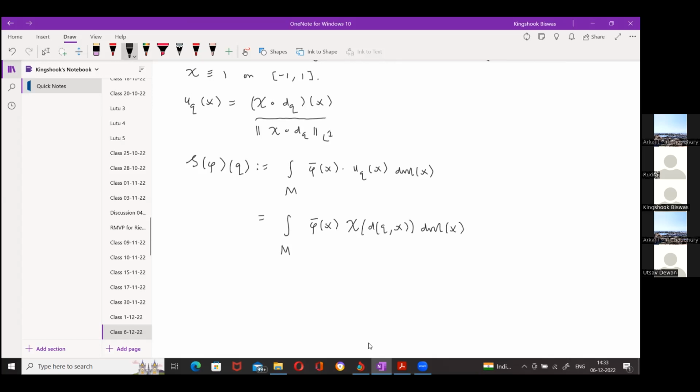And then I have to divide by this L1 norm. So that means divided by the integral over N of chi of distance qx, dvol x. Okay.